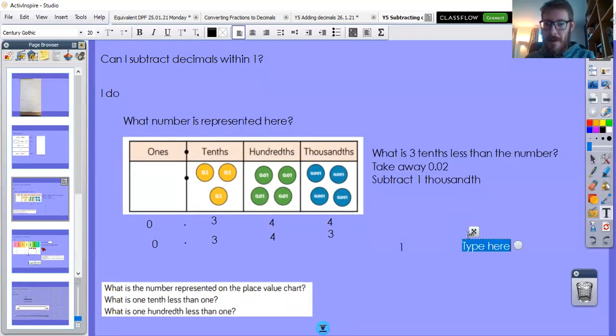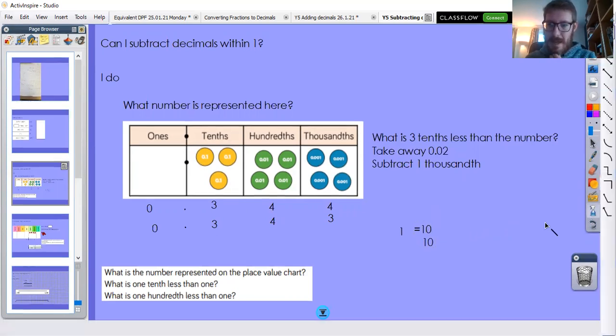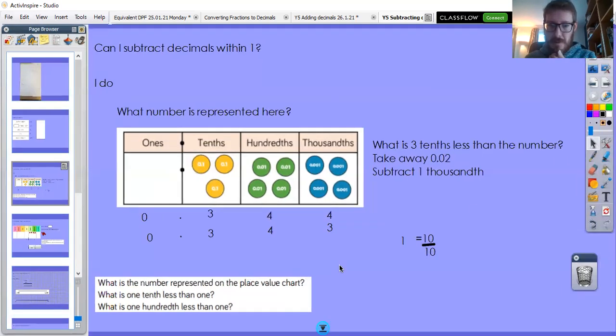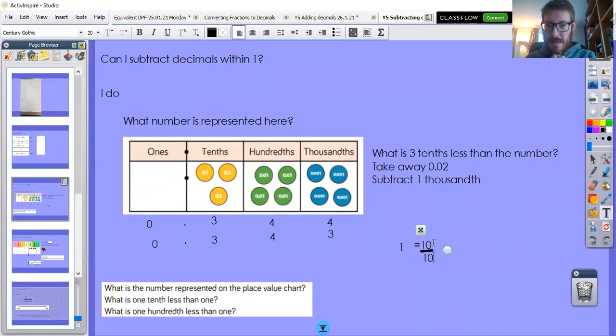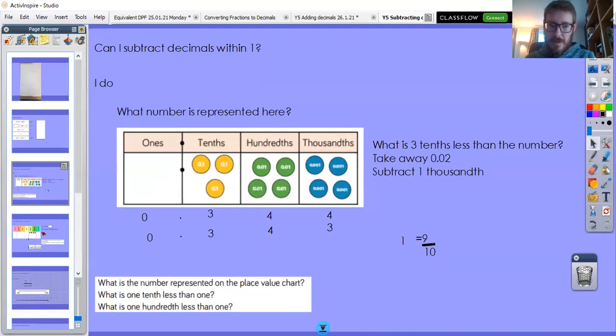Well, we've got to remember that 1 is equal to 10/10. So 1 is the same as 10/10. So if I take away one of those tenths, then I'm going to have 9/10. So hopefully you thought about 9/10 for that one.